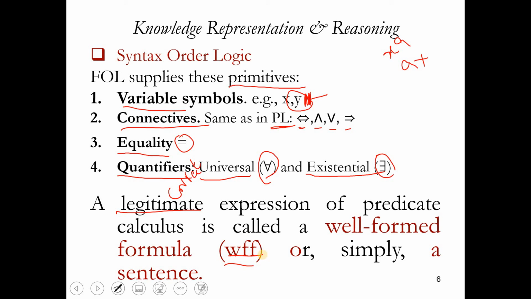We also call it predicate calculus because its rules are more like those used in calculus in mathematics. The sentences in this logic language are also called well-formed formula. So a typical exam question: another name for sentence in FOL, first order logic, is well-formed formula. Clear?